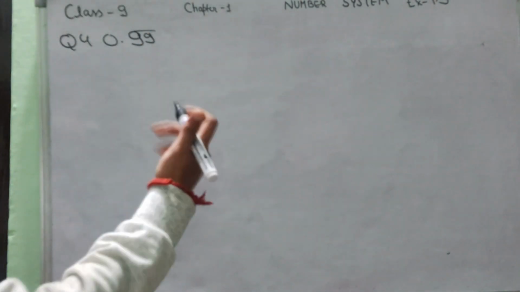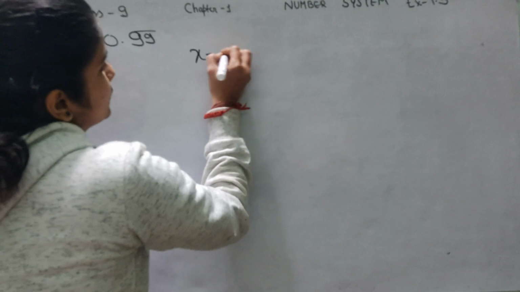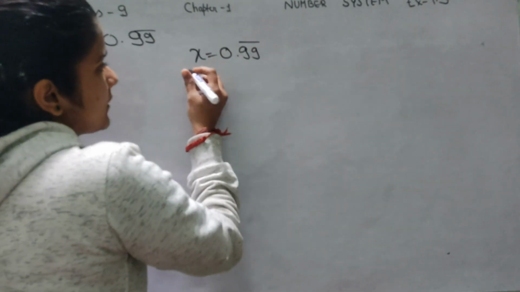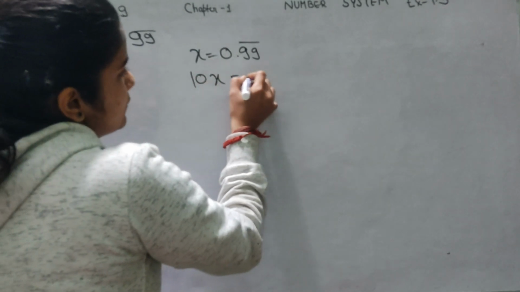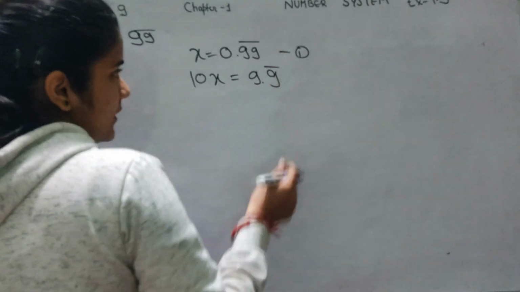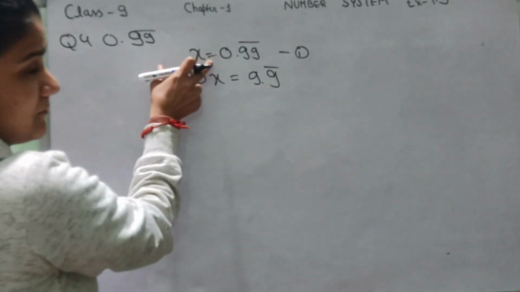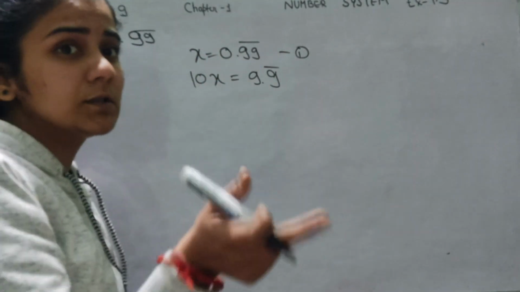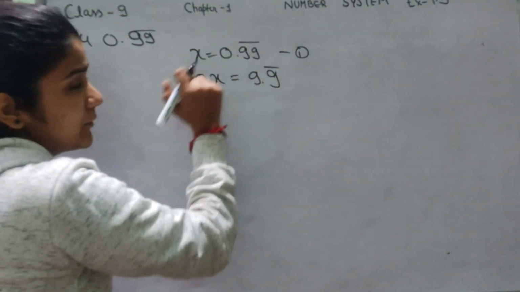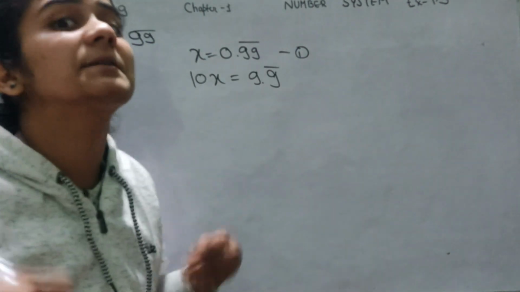Simply put x equals 0.9 bar. Multiply it by 10. 10x equals 9.9 bar. Write down here in between: multiplying by 10 on both sides. I'm writing because I'm explaining to you.